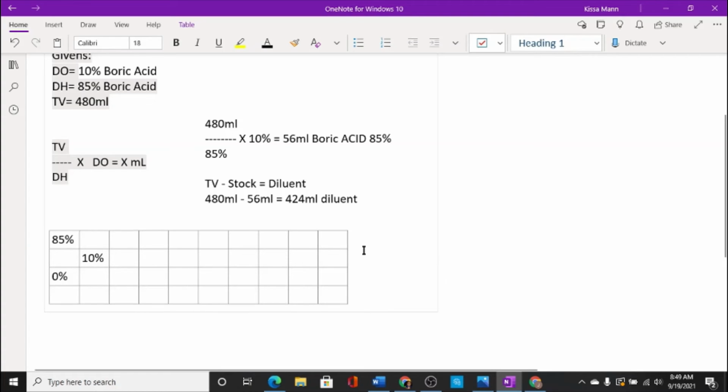Next, performing the alligation formula, 85% minus 10% yields 75%. 10% minus 0% yields 10%. Now you'll notice that my tic-tac-toe table is really long.